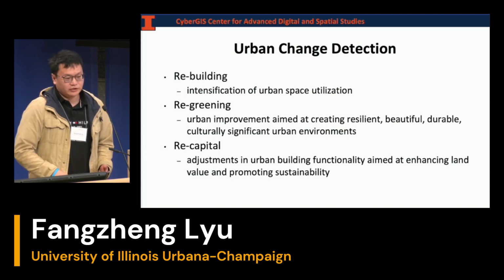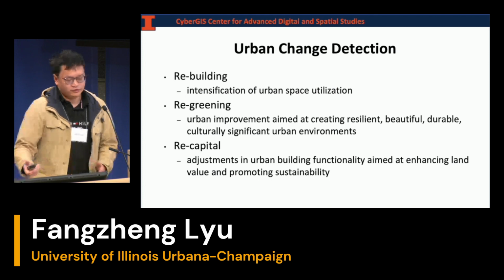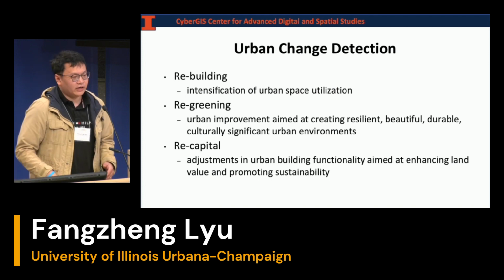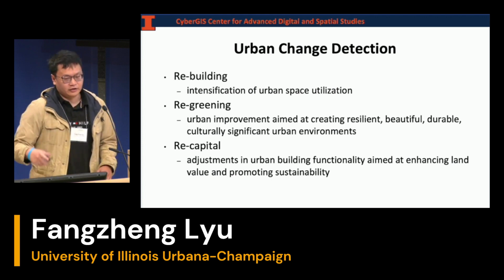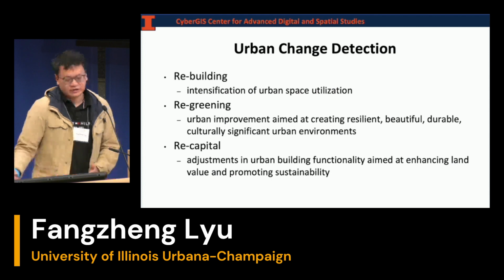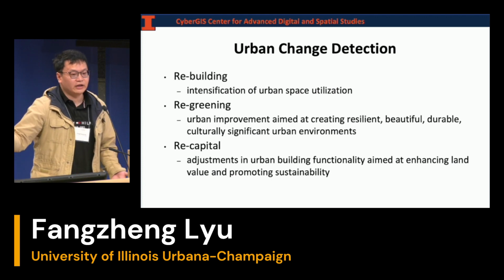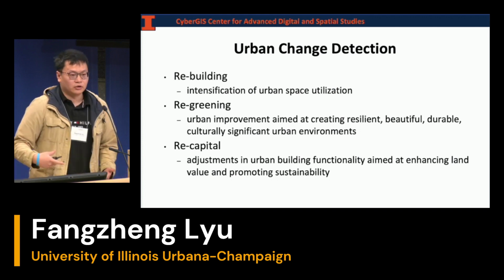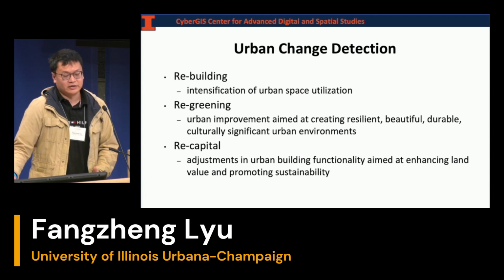So we borrow the concept from the domain of urban planning and urban retrofitting. There are 3 major categories under urban retrofitting and urban changes, which are rebuilding, basically just intensification of urban space utilization. So for example, if there's a new building getting constructed, that falls into the category of rebuilding. And also we have regreening, mostly dealing with green space increase.